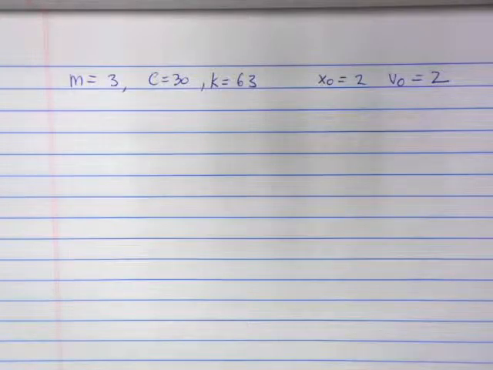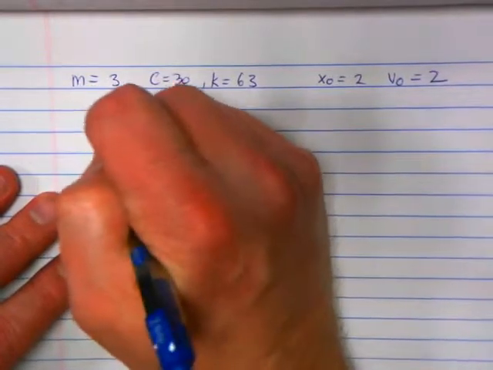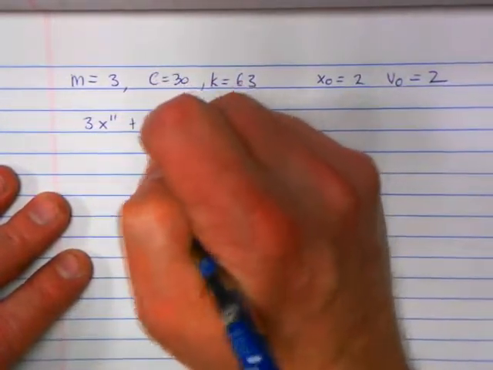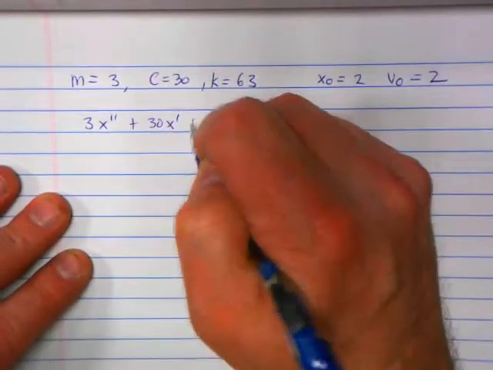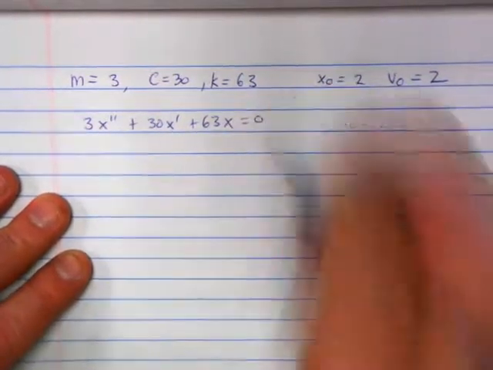And the directions are basically solve that situation, determine if it's underdamped, overdamped, or critically damped. Write the equation: 3x double prime plus 30x prime plus 63x equals 0.